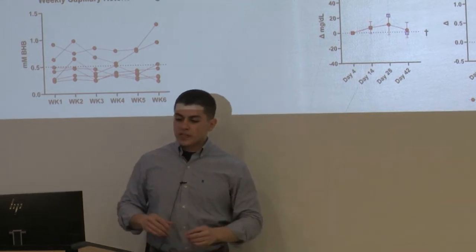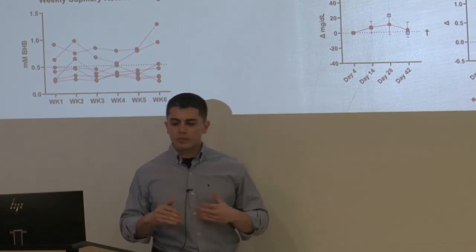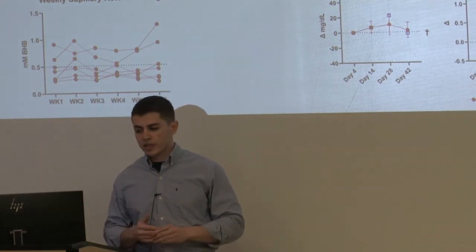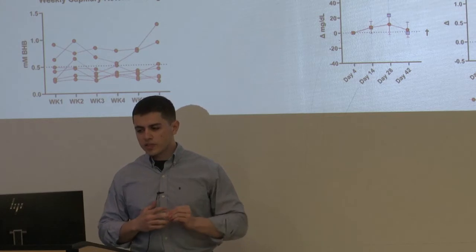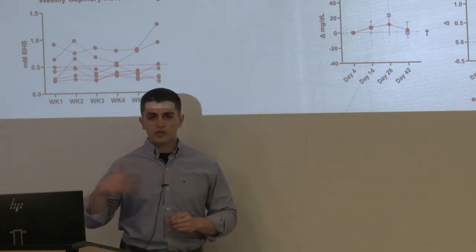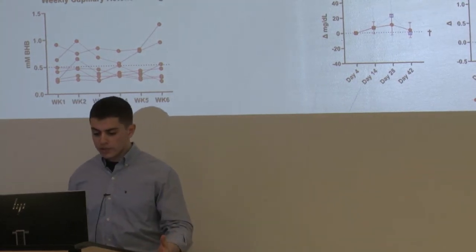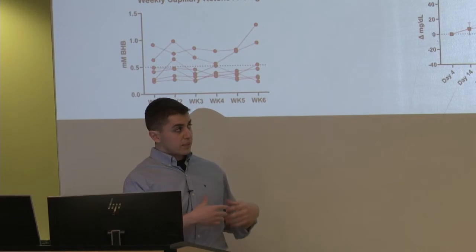What we found out is that only a few people were able to maintain their capillary ketone averages, and that's just because of how much they were actually expending and working out during that time. So remember, ketones are also a substrate for energy, and so we were able to get them into ketosis.